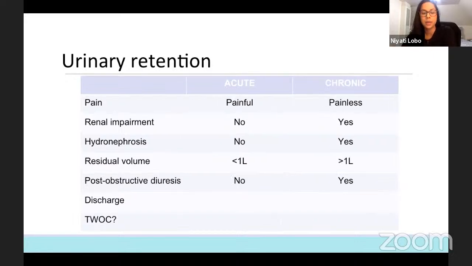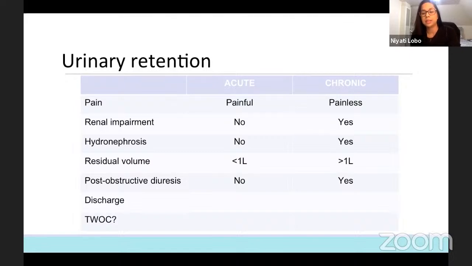The next way of differentiating is post-obstructive diuresis, and we'll talk about this a little bit more. What happens in chronic retention, when the kidneys have been obstructed for so long, is that you get a diuresis because you've had excess sodium and fluid retention.